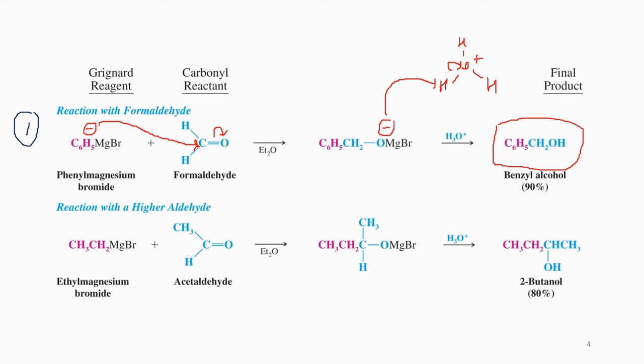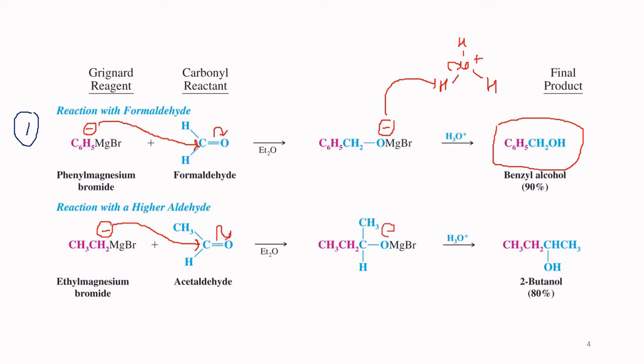At the second example here, we look at the reaction with a higher aldehyde. This is the R carbanion, which is the nucleophile. It will attack this carbon, and then this electron will move to the oxygen, so it will give you an alkoxide here.